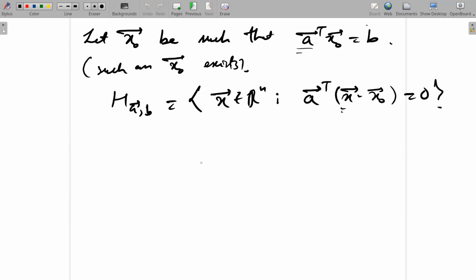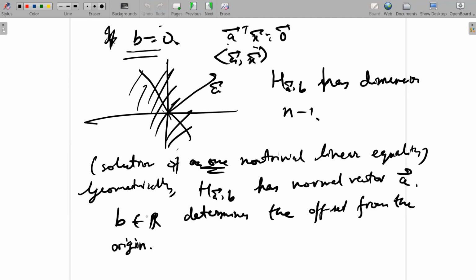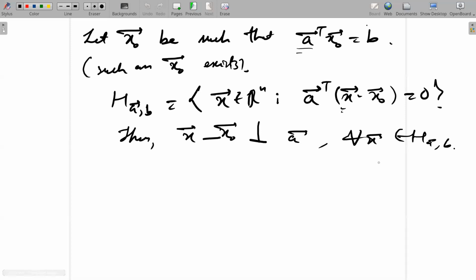This tells you that x minus x naught is perpendicular to A for all vectors x in H_{A,B}, so x naught gives you the offset. All right. So that was about the hyperplane. It's an affine set, and doesn't have to go through the origin. The next thing is a half space.